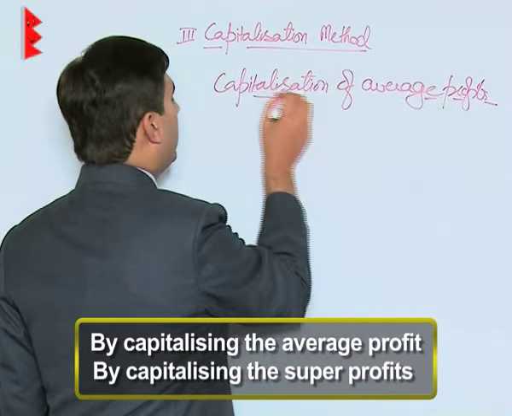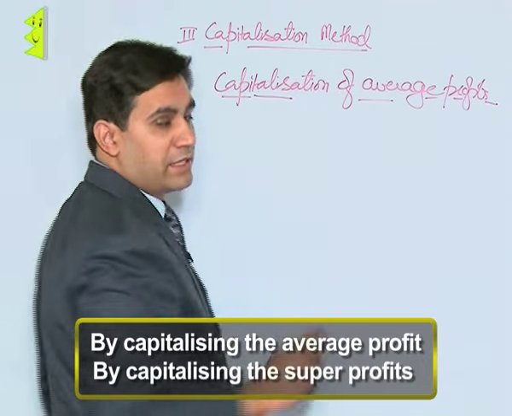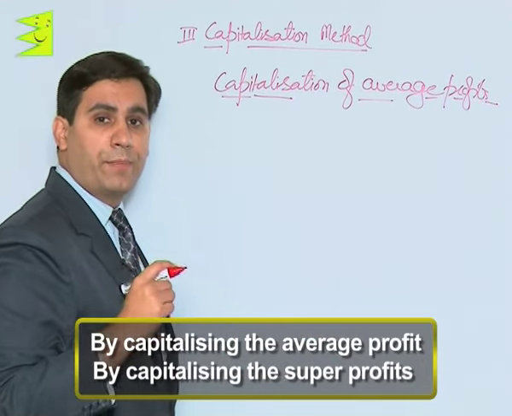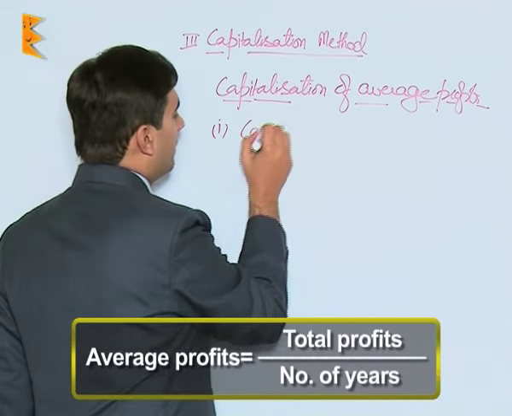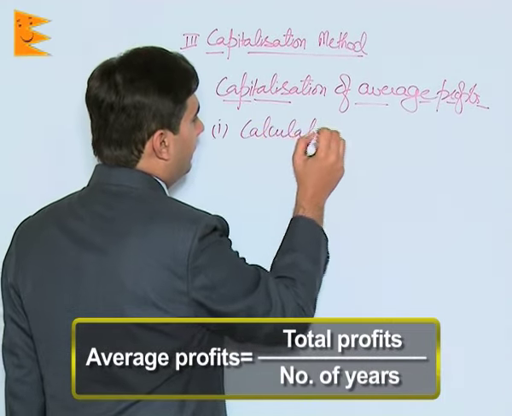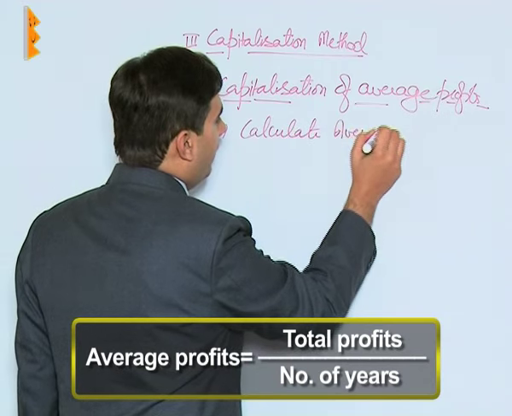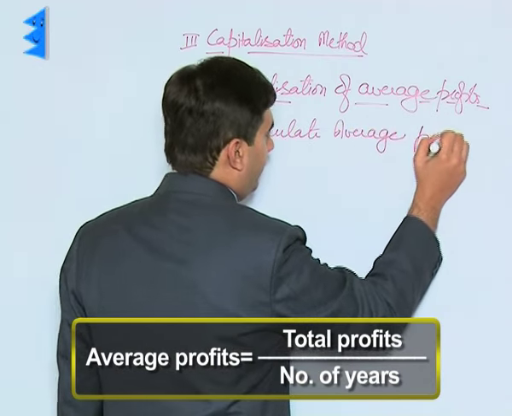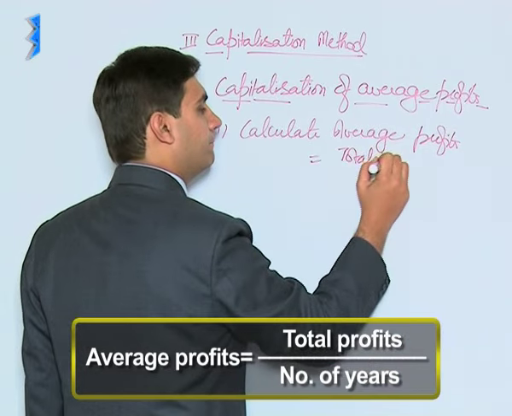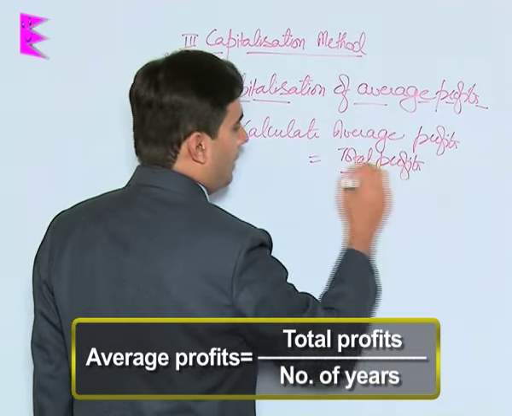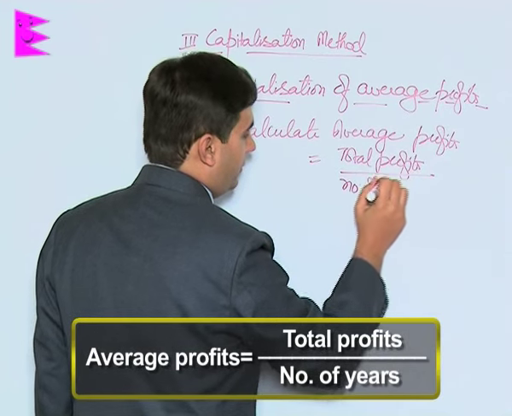Let us come to various steps that are followed in this method, that is calculation of goodwill by capitalization of average profits. The first step is calculate average profits, which is equal to total profits upon number of years.